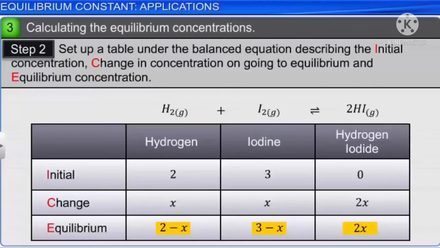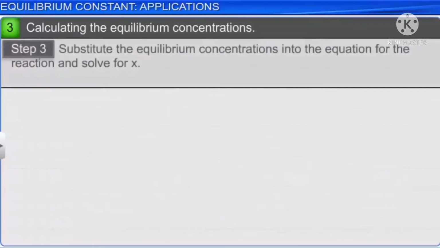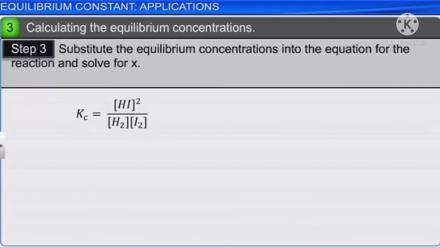In the third step, substitute the equilibrium concentrations in the equilibrium equation and solve for X. The equilibrium equation for the reaction is Kc is equal to the concentration of hydrogen iodide raised to the power of 2, divided by the product of the concentrations of hydrogen and iodine.